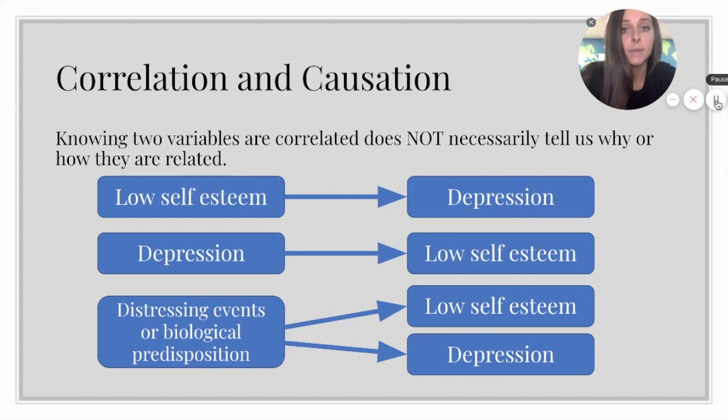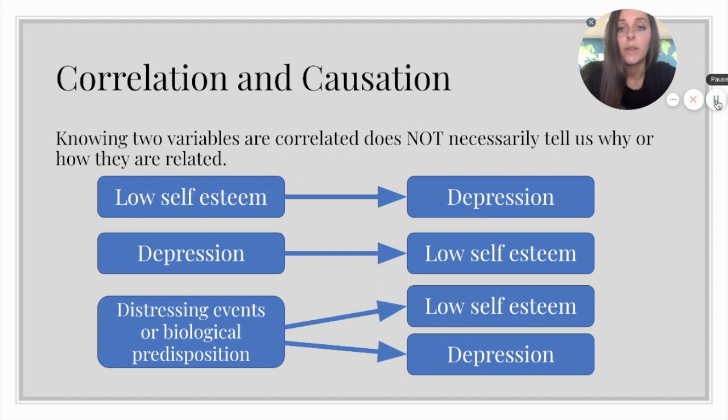Maybe, but then you could flip that around and say depression causes low self-esteem. Maybe. Or there could be a completely other variable that needs to be factored in, like distressing events or a biological predisposition that causes low self-esteem and depression, right?